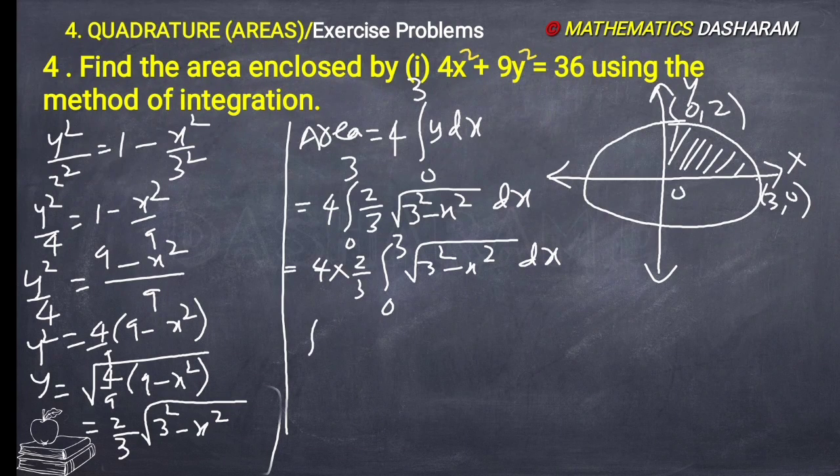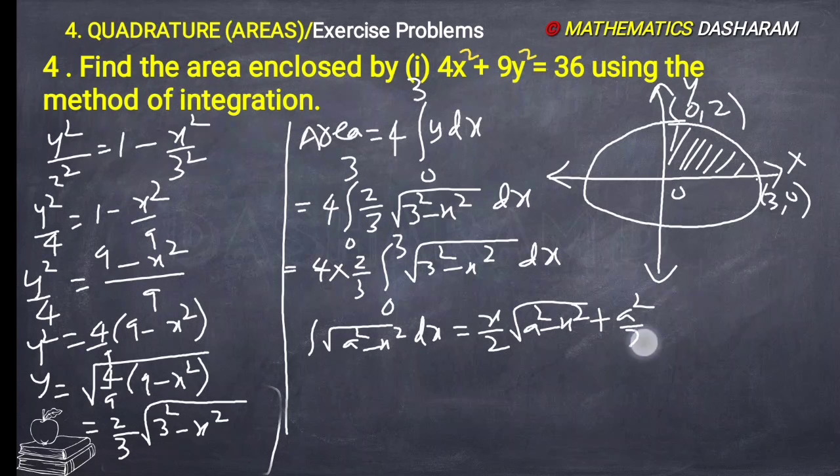And the integration of under root a square minus x square dx, the formula is x by 2 into under root a square minus x square plus a square by 2 into sine inverse x by a.